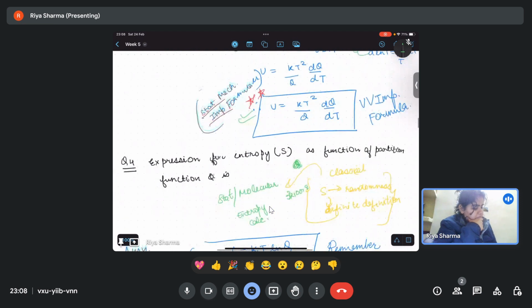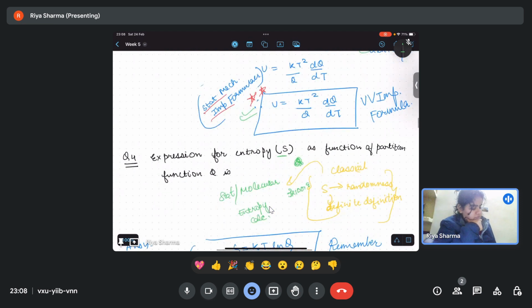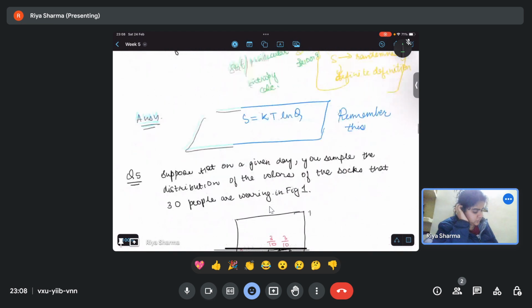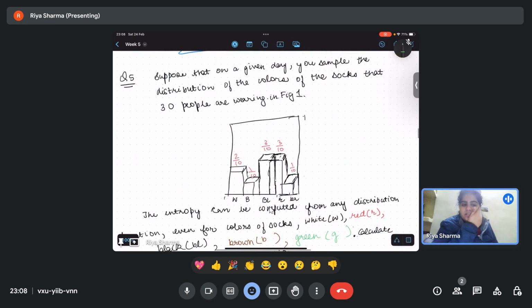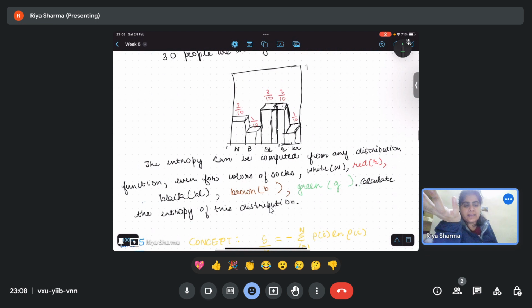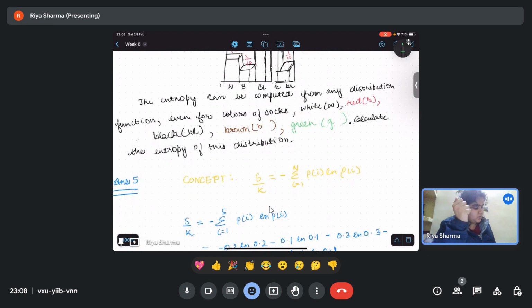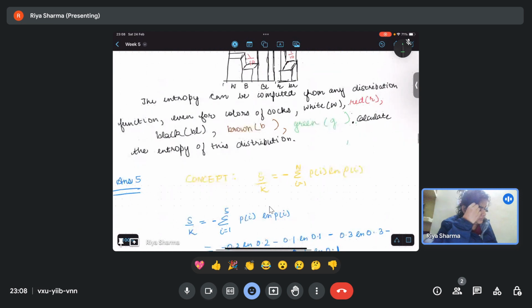Then we should always remember entropy, and the partition function which relates it, and how S equals to kT ln Q came into picture. Now when we know S equals to kT ln Q, we know that ln W is equal to pi, ln of pi, and that too with a minus.